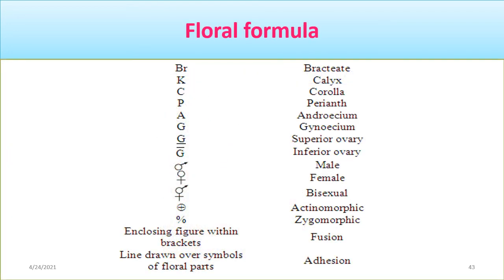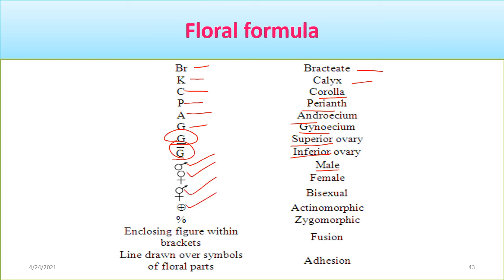Then floral formula: bracteate shown with bract, calyx shown with K, corolla C, perianth P, androecium A, gynoecium G, superior ovary underlined to the G, inferior ovary line above the G, then symbol of male, symbol of female, symbol of bisexual, symbol of actinomorphic, symbol of zygomorphic.